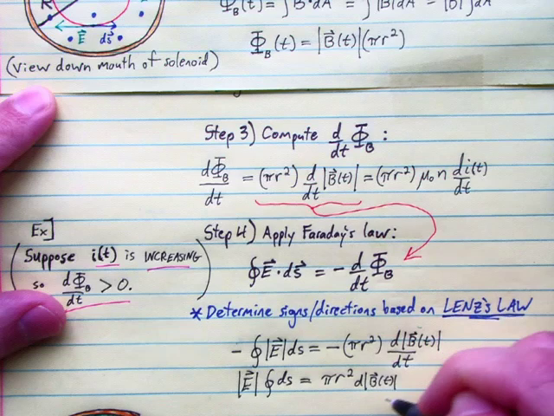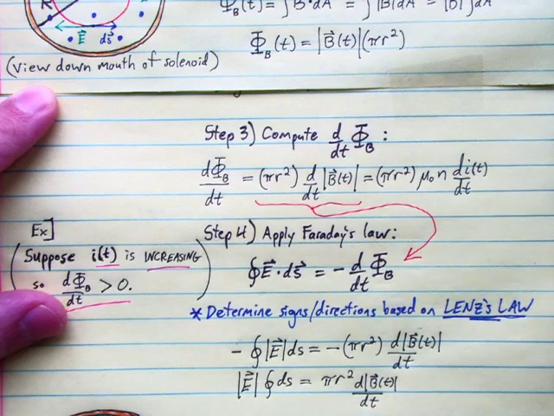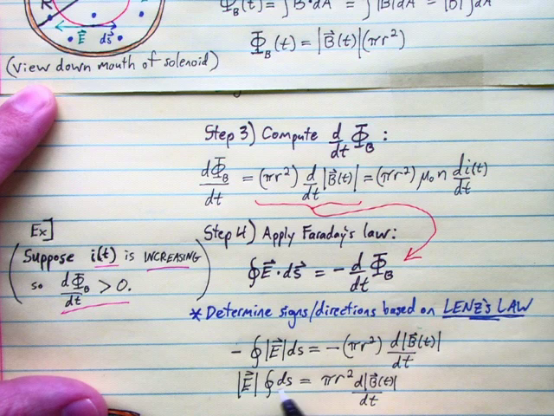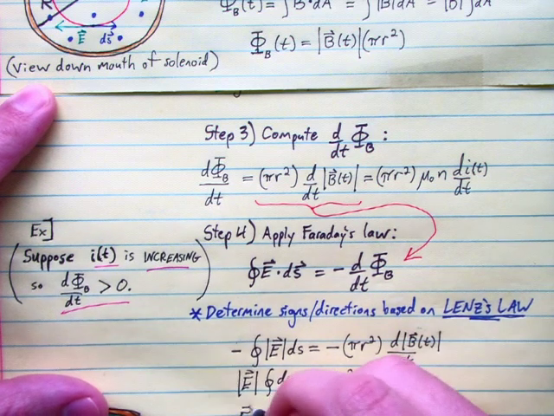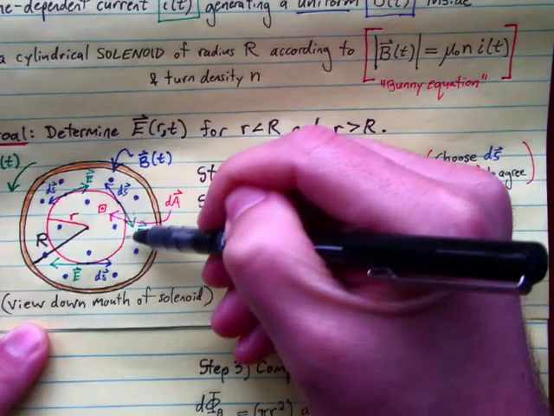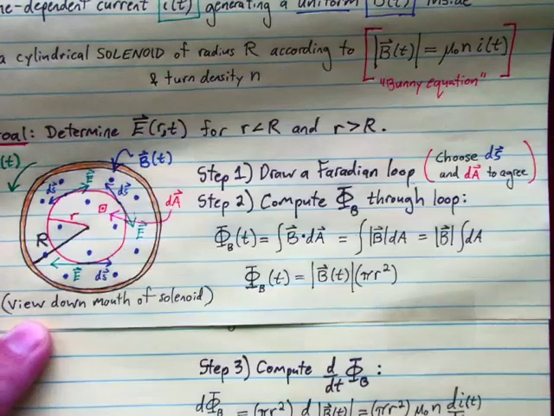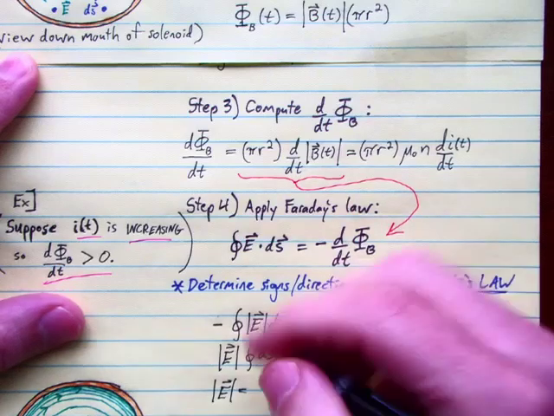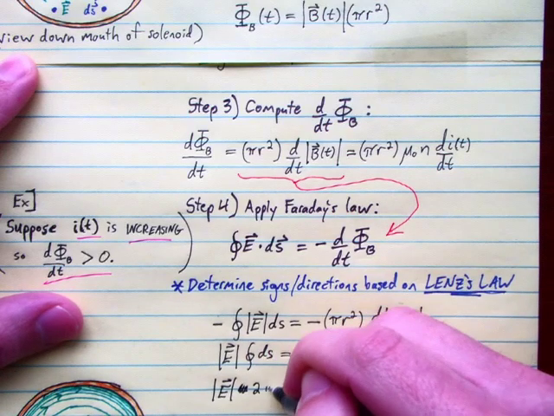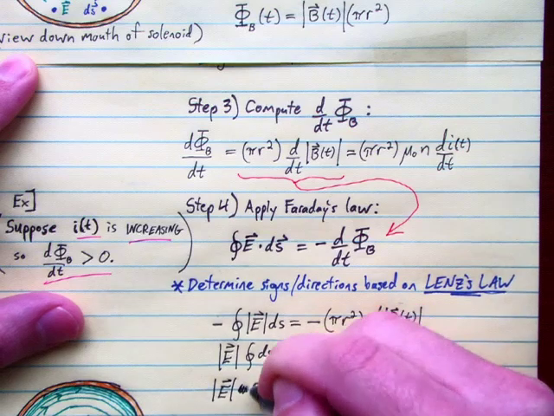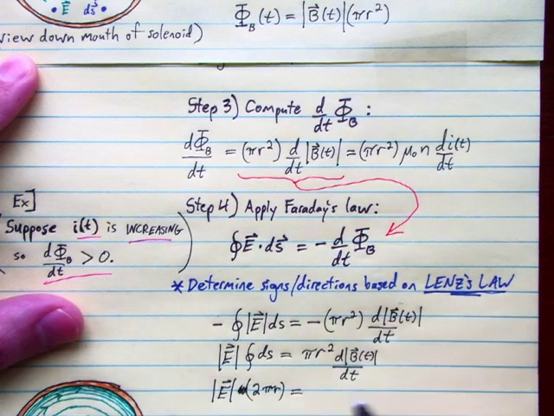Adding up all those ds's just gets us the circumference of our Faradayan loop of radius little r. So E times 2 pi little r, the circumference of a Faradayan loop, equals this expression over here.